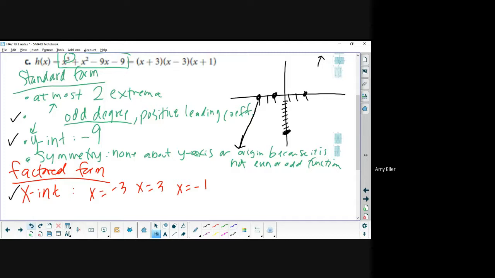So have it go through that point and come back to that one. I don't care how high it goes. It could go way up there, or it could go just there. Doesn't matter as long as it goes through both of those x-intercepts. Going to have to come hit this and through that one.